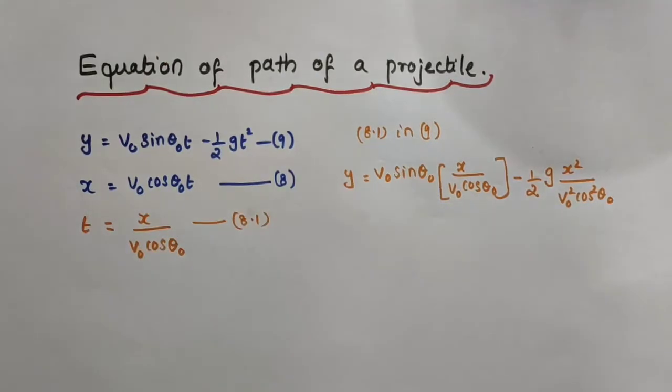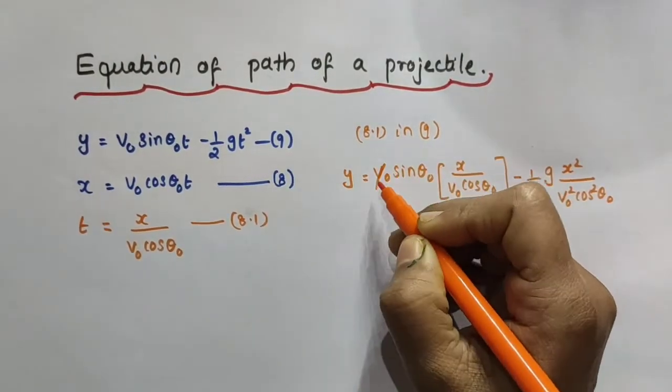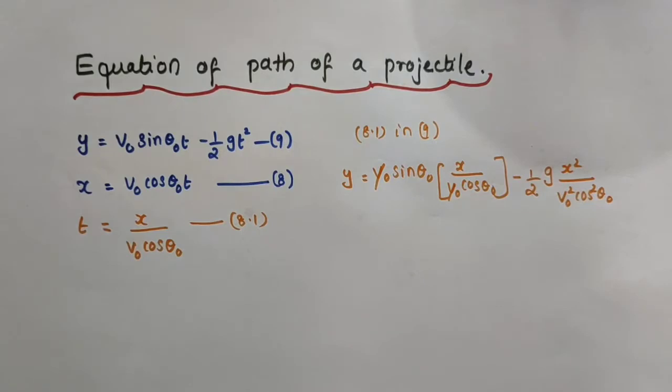So this can be written as follows. We have v0 in the numerator and one v0 in the denominator, and they cancel each other.